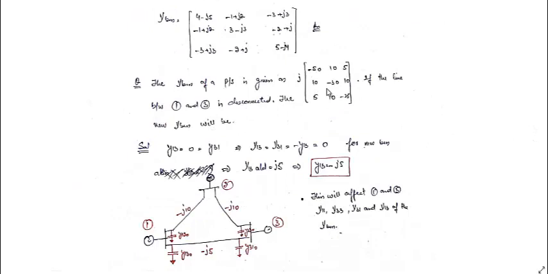Now from the information of this Y bus, I can draw the network like this. Since it's a 3 cross 3 matrix, I can draw a 3 bus system over here: bus 1, bus 2 and bus 3. And this is the admittance connected between bus 1 and bus 2. I have written minus 10j because this is the negative of the matrix element, so I have to revert it back to the actual value.